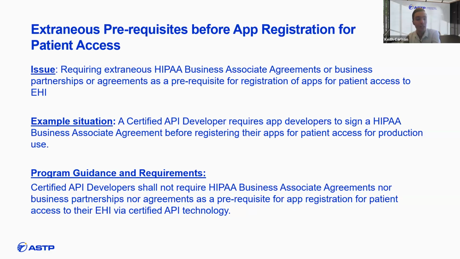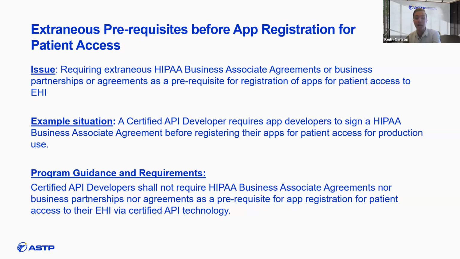I'll highlight that because I know in some cases business associate agreements might come into play when we think about, because we also in G10 have a requirement for a multi-patient API, based on the bulk FHIR standard. Certainly in cases where data is being exchanged for cohorts of patients, there will be business associate agreements like this in place.